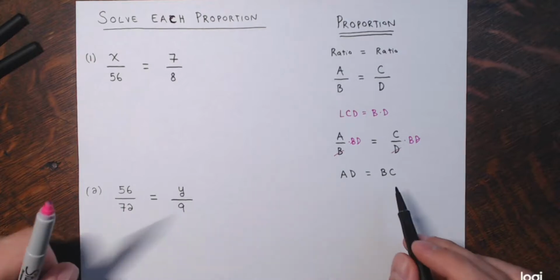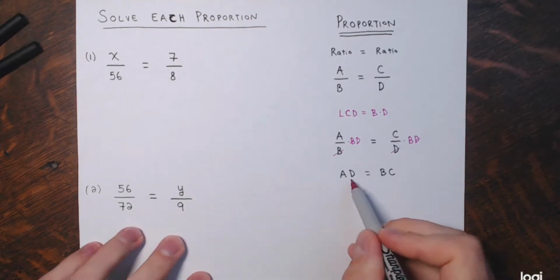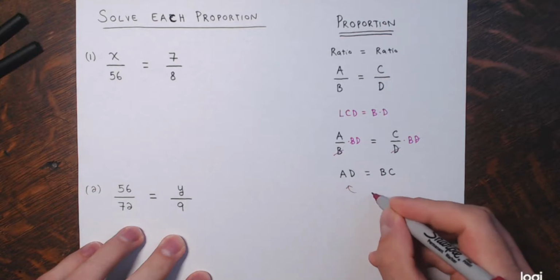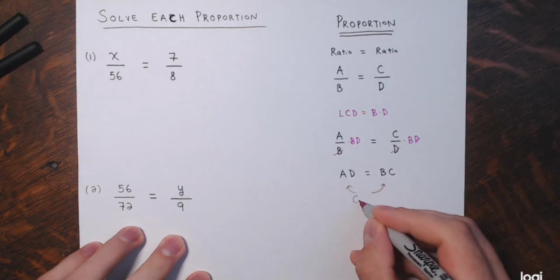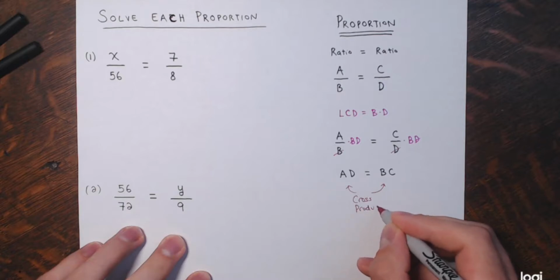You may have seen proportions before. What I have here now, a times d equals b times c, these are sometimes referred to as the cross products of the proportion.